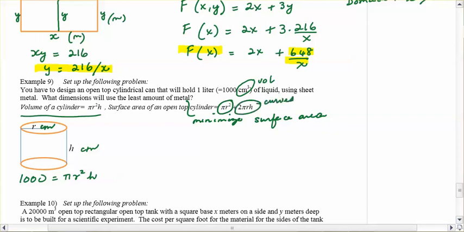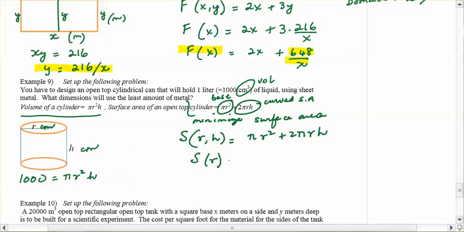So I want to minimize S, which in terms of variables r and h is pi r squared plus 2 pi r h. Once again, we want to write this in one variable only.